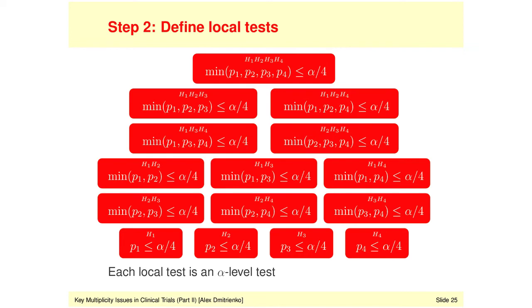The reason for that is because we're using a conservative Bonferroni-based approach. In general, when we consider other more powerful approaches to constructing local tests, for example, semiparametric or parametric procedures, the alpha levels used within each box will be appropriately adjusted.